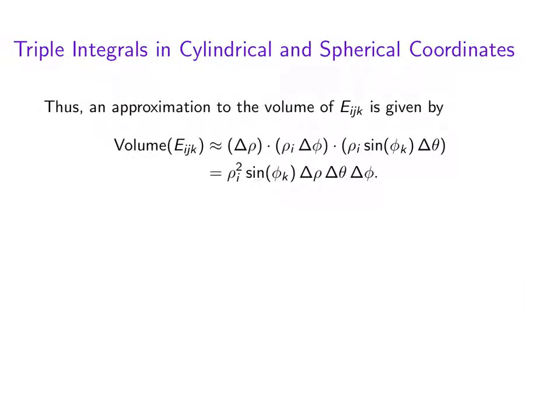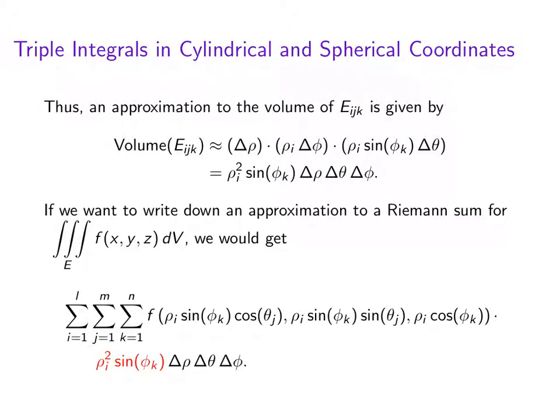So that means we can say that the volume of E sub ijk is approximately equal to delta rho times rho sub i delta phi times rho sub i sine phi sub k delta theta. Multiply all these together, and what we get is rho sub i squared sine phi sub k delta rho delta theta delta phi. That means we're now able to write down an approximation for a Riemann sum for the triple integral.